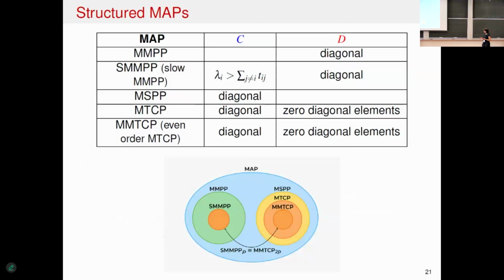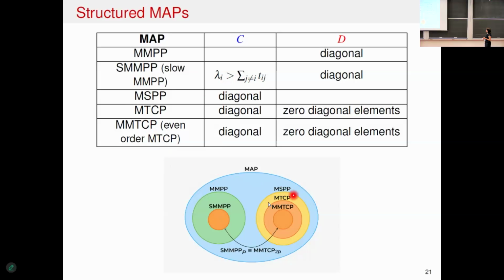Okay, so far we have these MAPs. I introduced them in terms of the matrices C and D. For MMPP, the matrix D is diagonal. I should show this circle a little bit bigger because it covers most of the MAPs. Then I go to SMMPP, the slow MMPPs, where in the matrix C I have this condition.